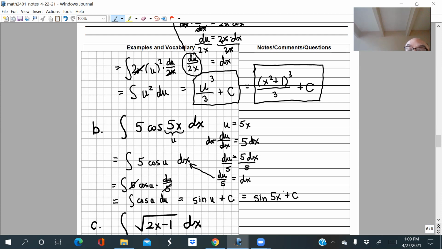So there finally is your answer: sine of 5x plus a constant. Nice, right? What looked to be a little bit more complicated antiderivative is actually not that bad, because we converted it to just cosine of u, which is an easy antiderivative.